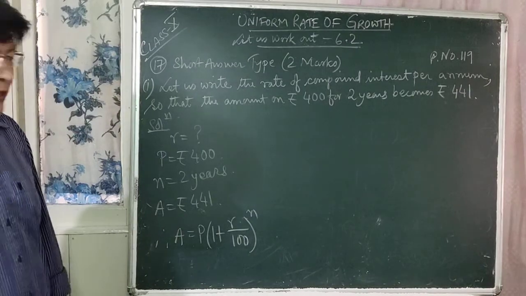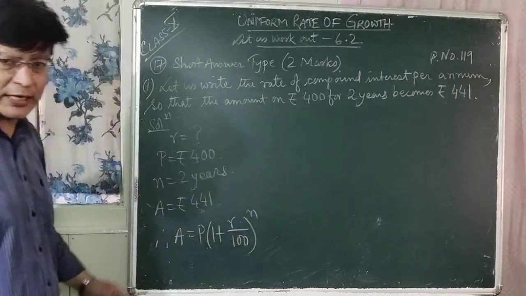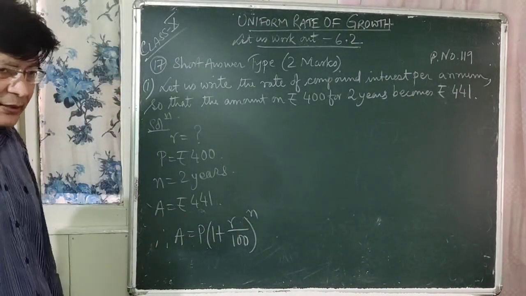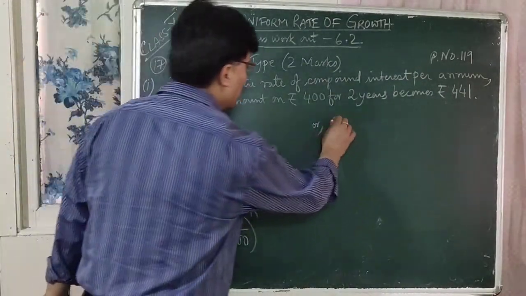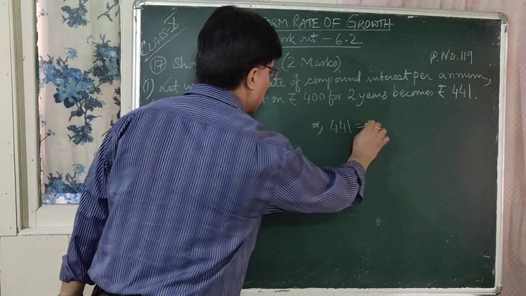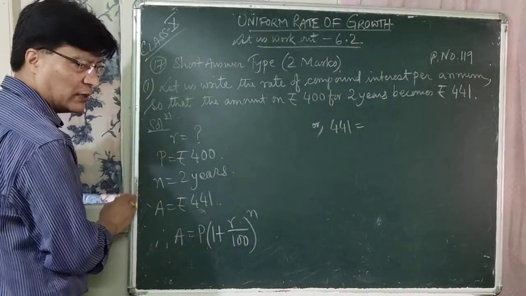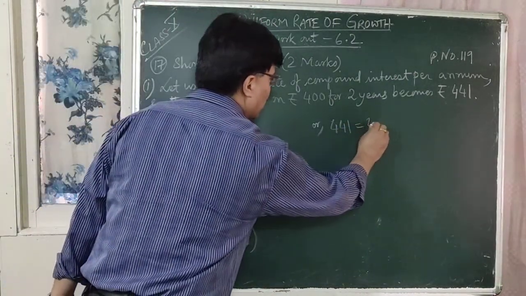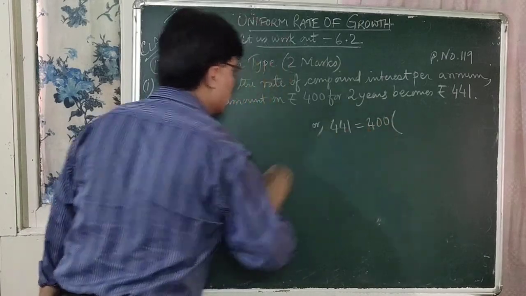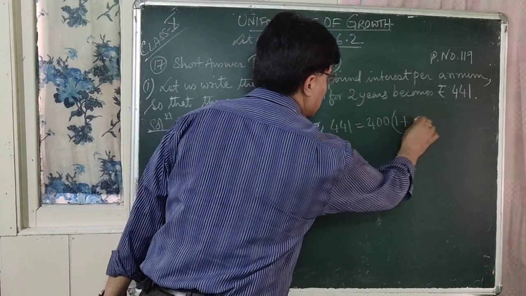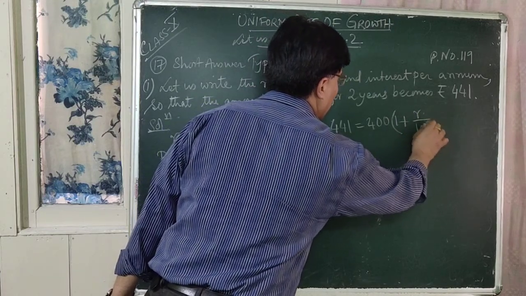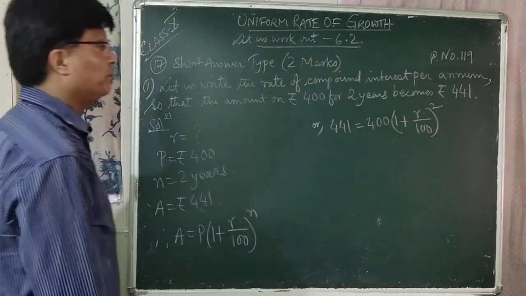So now let us put the values. A is 441, is equal to, what is the principal here? It is 400. So within bracket, 1 plus R upon 100, whole square.